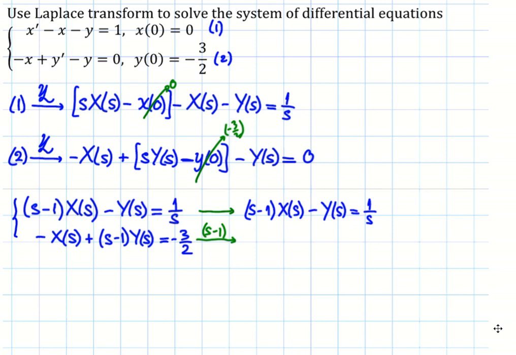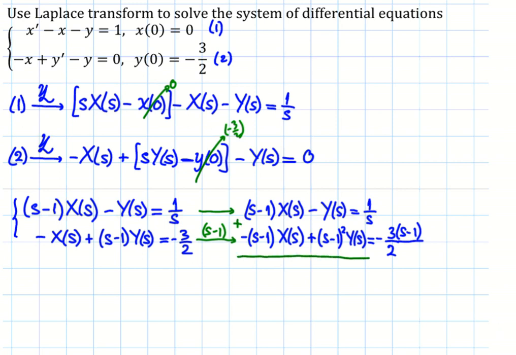So multiplying by s minus 1, we have minus (s minus 1) X(s) plus (s minus 1) squared Y(s) equal to negative 3/2 (s minus 1). So I just put s minus 1 on the top. We add side by side here.